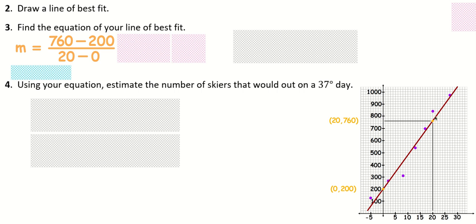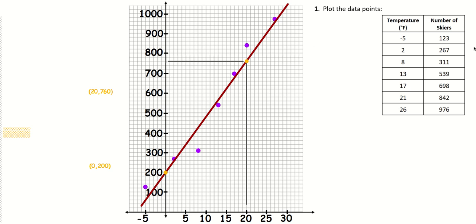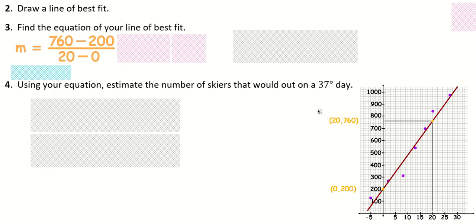I don't think any of these look to be on the line well enough. So you've got to pick points that are on the line. And it's very likely that you're going to be coming up with new points, none of which were in this table, okay? So we're going with these orange points, and the slope ends up being a very nice 28. 560 divided by 20, that divided nice and clean. And then what else?